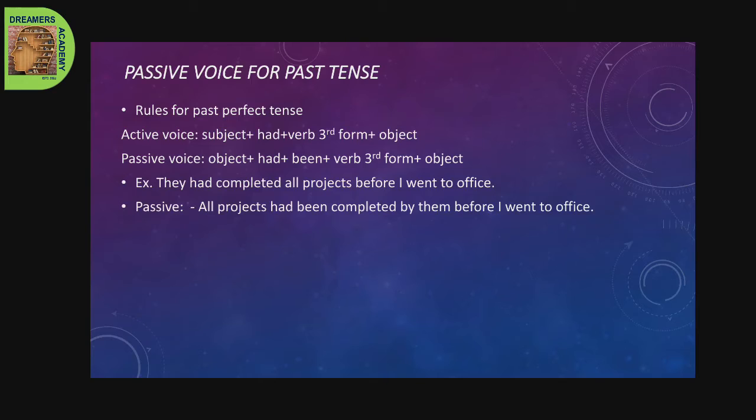So in the last part of the active voice, that is before I went to office, will be the same, and the main part where we use the past perfect tense, they had completed all the projects, will be converted in the passive voice. You will notice that where in the active voice there is has or have, in passive voice it should be used with been, this B-E-E-N.